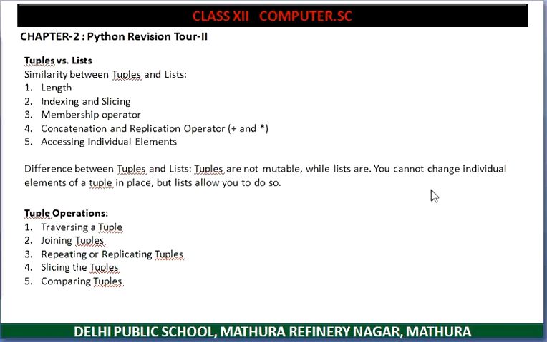You cannot change an individual element of a tuple in place, but a list allows you to do so. Tuple operations: traversing a tuple, joining tuples, repeating or replicating tuples, slicing tuples, comparing tuples. We have discussed all these operations in the case of list, so no need to discuss them here. Now next slide.